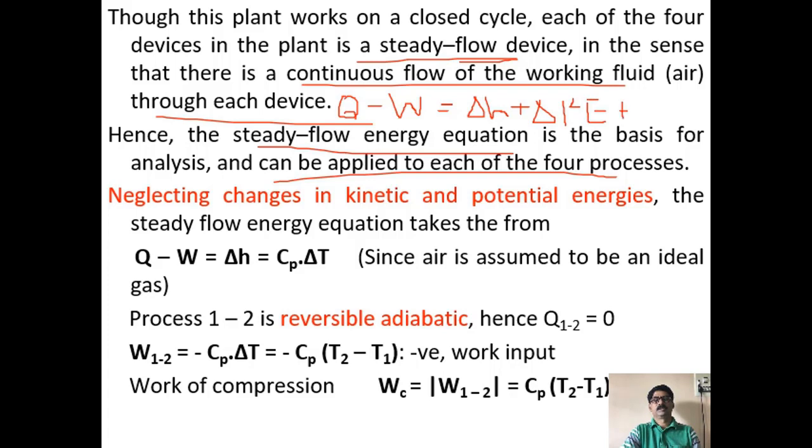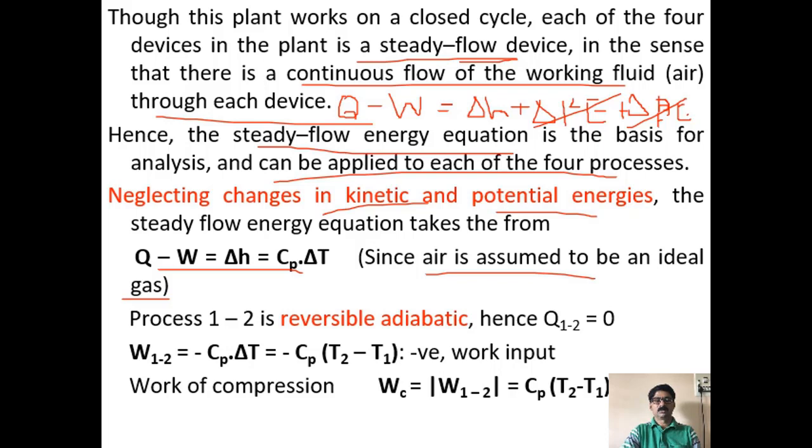Here, neglecting changes in kinetic and potential energies, these 2 terms are neglected. So you get Q minus W equal to delta H. Delta H is nothing but Cp into delta T, as the working substance for this Brayton cycle is air. So it is the air standard cycle, and air is assumed to be an ideal gas. So for an ideal gas, delta H is equal to Cp into delta T.